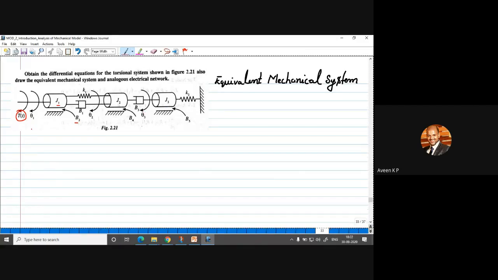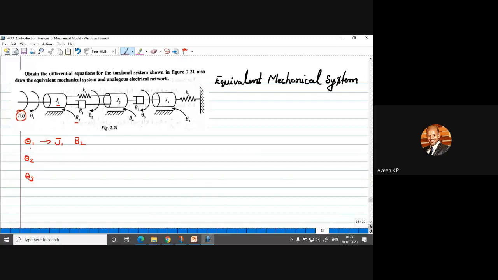So we understood the common elements. If I want to write in simple form, we have three displacements, theta 1, theta 2, theta 3. In front of theta 1, I will write the mechanical elements undergoing purely theta 1, that is inertia J1 and B2.